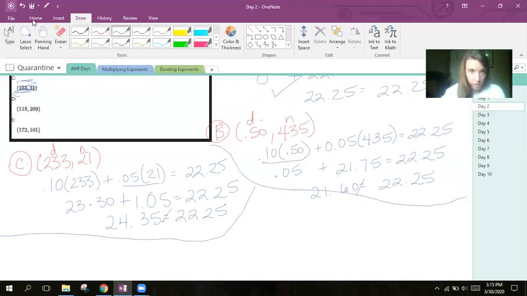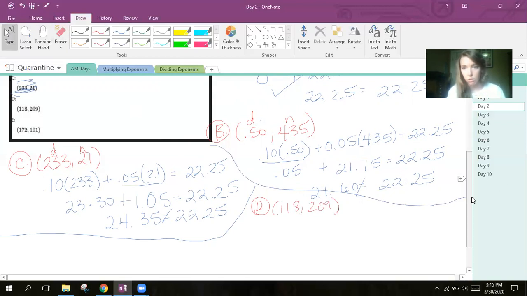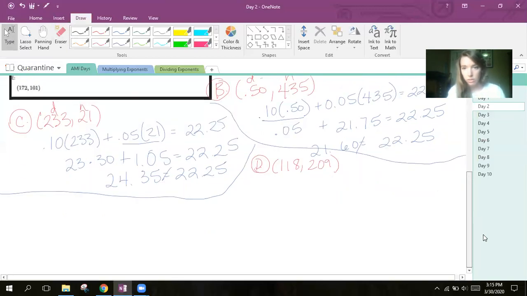Okay, real quick before I can't see it again. We'll do D down here. So that is 118 and 209. Scroll down. Okay, so I have 0.10 times 118 plus 0.05 times 209, and that should equal 22.25.